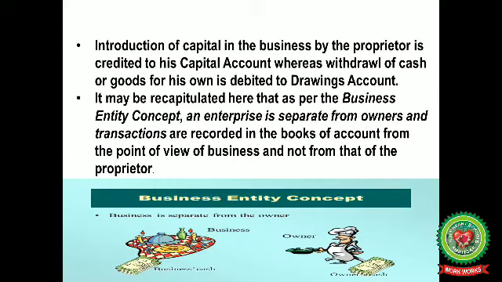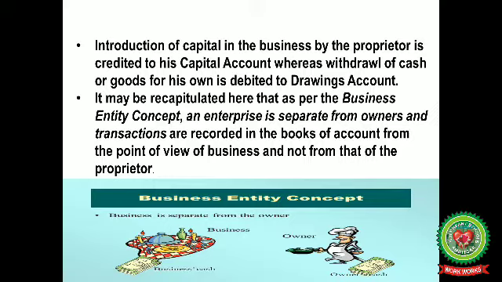Now, the next is introduction of capital in the business by the proprietor is credited to his capital account, whereas withdrawal of cash or goods for his own use is debited to drawings account. Here we are talking about two types of main accounts which you often see in your numericals. First is capital account, another is drawings account.